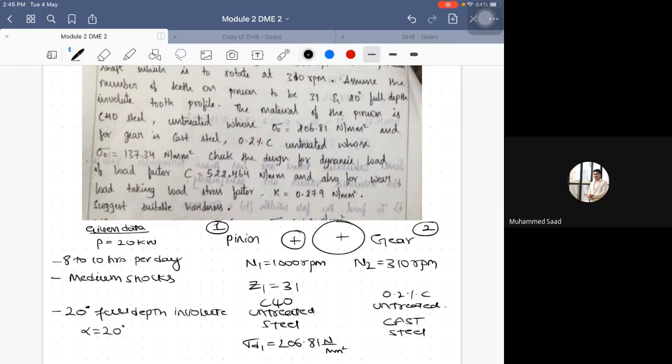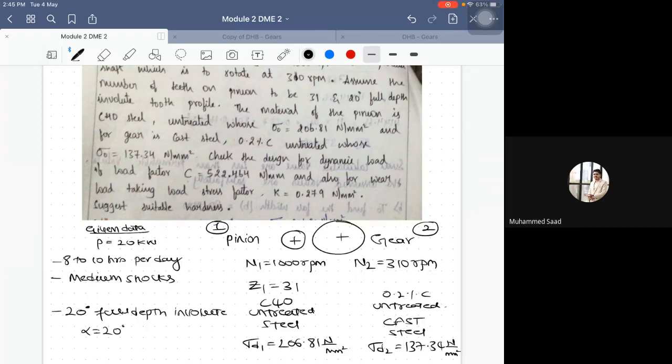Cast steel, which has the design stress value, again he has given as 137.34 Newton per mm square.